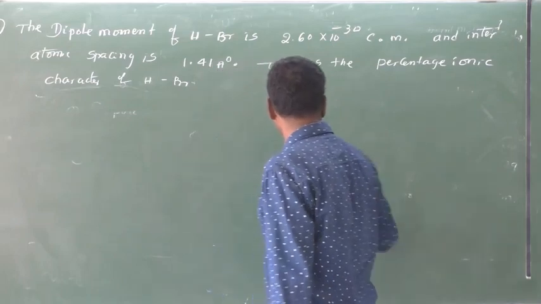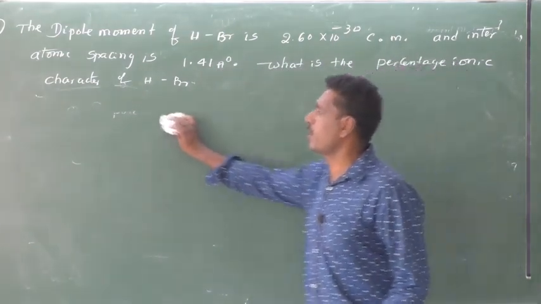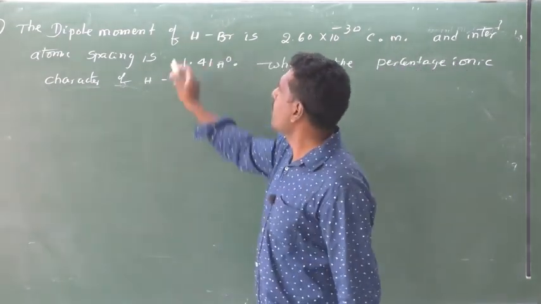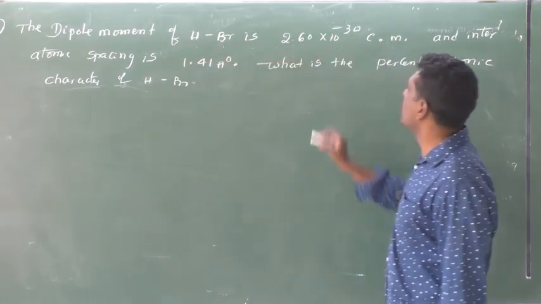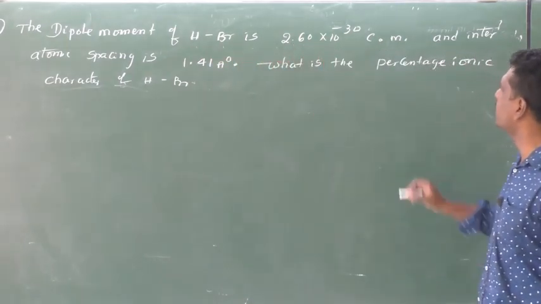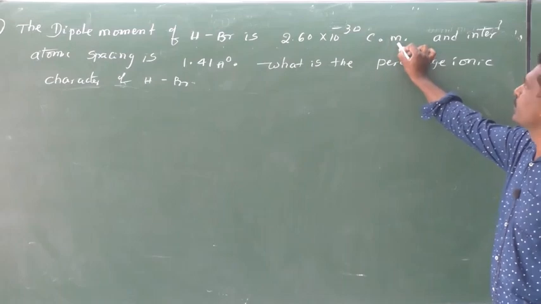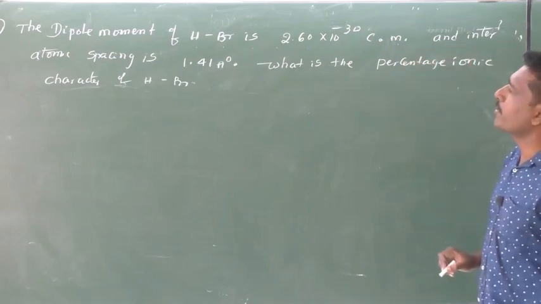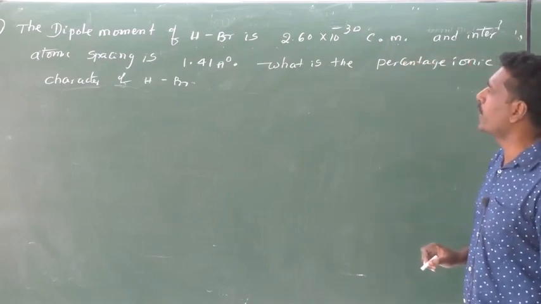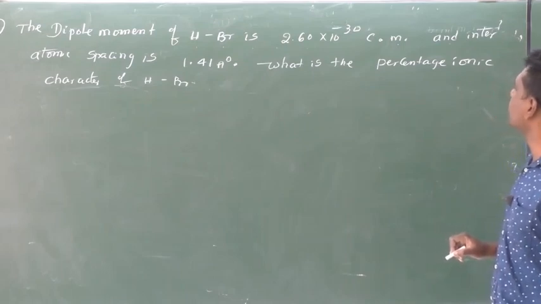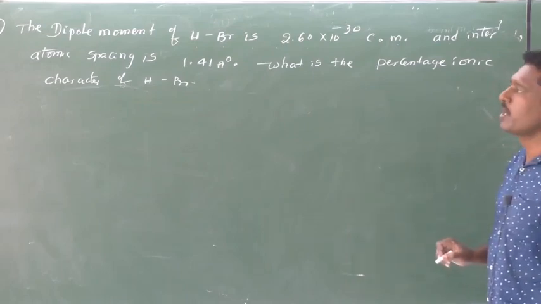The first problem is based on percentage ionic character. The dipole moment of HBr is 2.60 into 10 power minus 30 coulomb meters, and the inter-atomic spacing is 1.41 angstroms. What is the percentage ionic character of HBr?